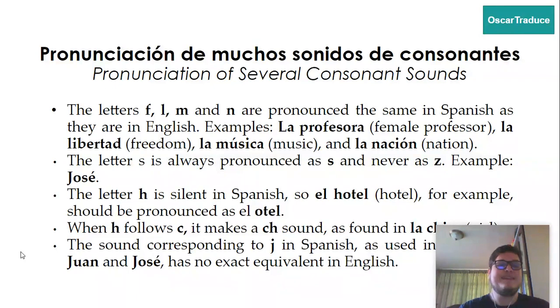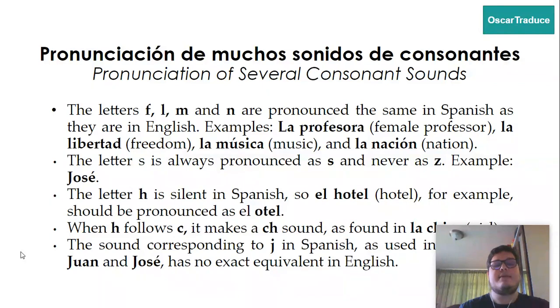But we are going to see the letters F, L, M, and N, which are pronounced the same in Spanish and English. So we say la profesora, the female professor, la libertad, freedom, la música, music, la nación, nation.